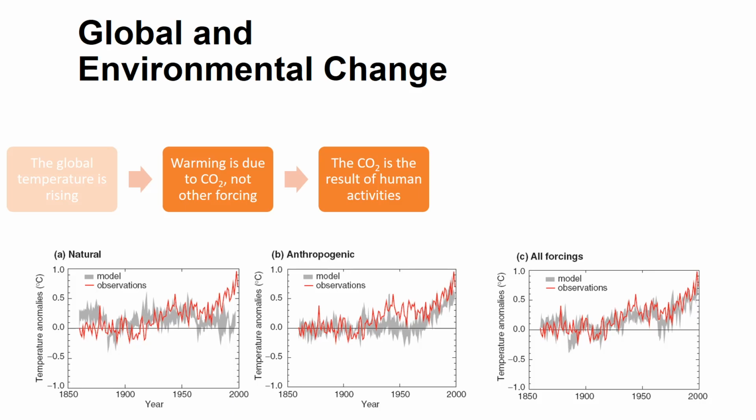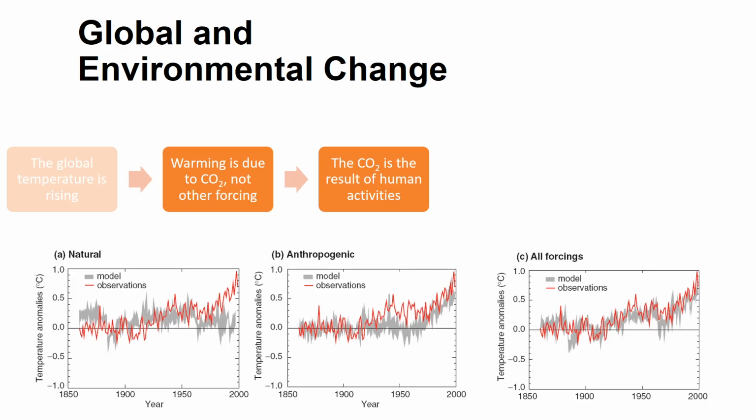Another way of saying that is that without including carbon dioxide in our climate models, it is impossible to reconstruct the climate change that we have observed over the 20th century. So that line of evidence suggests that the warming must be forced by carbon dioxide in the atmosphere.